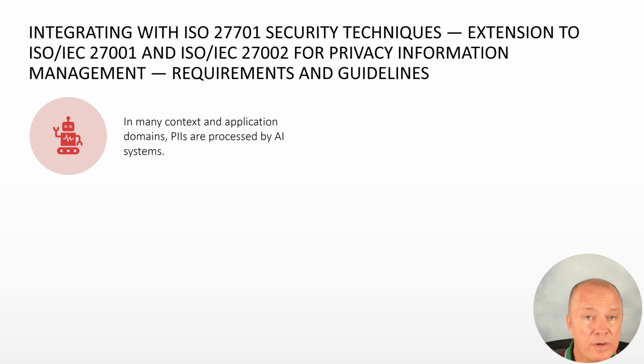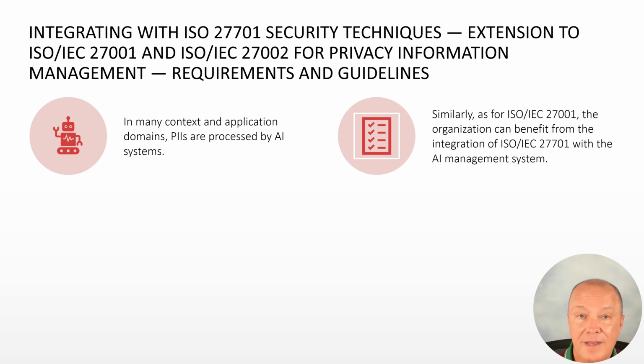Now, this is important because of how it also relates to artificial intelligence and the management of AI systems. In many contexts and application domains, PII is processed by AI systems. And similarly, just as we use 27701 to extend 27001 for privacy, we can also use 27701 to help extend and meet our objectives for AI privacy controls and privacy security.